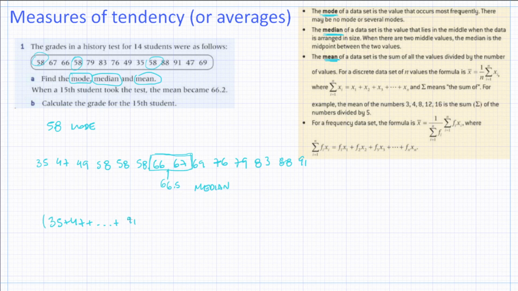You can make a list in your calculator and divide by the number of elements. If you count, you've got 14 items there, and that would be 66. So that's our mean. Fair enough, right? So far so good.